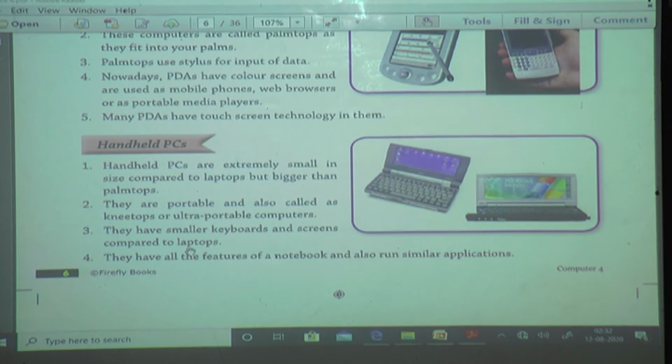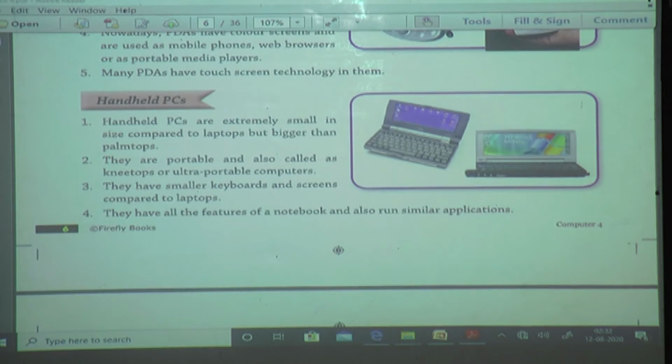Now, we only just saw the laptop. A handheld is smaller than a laptop. It has a small keyboard and screen as compared to a laptop. They have all the features of a notebook and also run similar applications. Notebook means what? Not our real writing notebook.